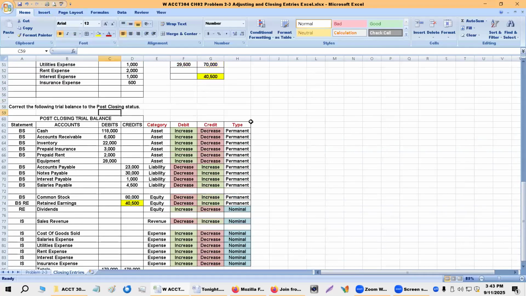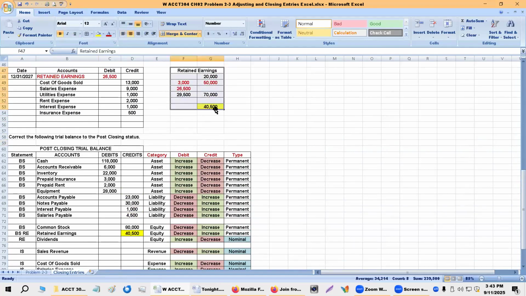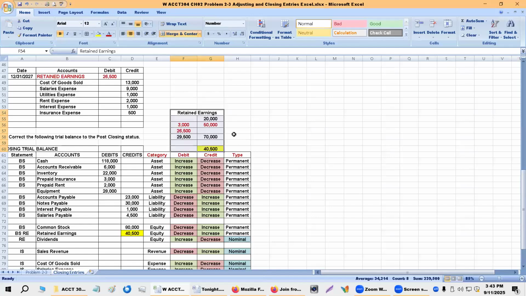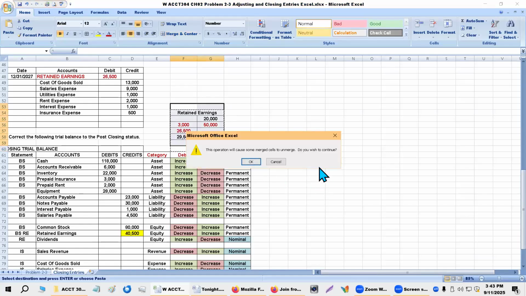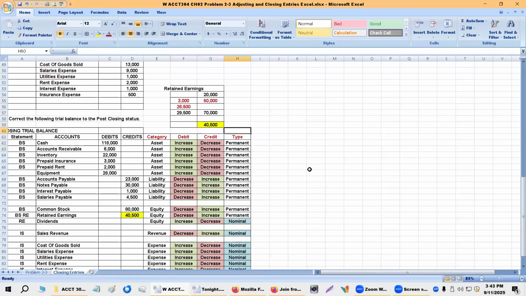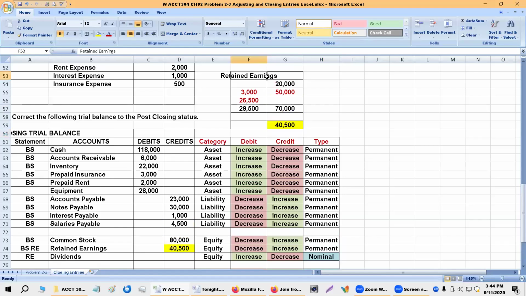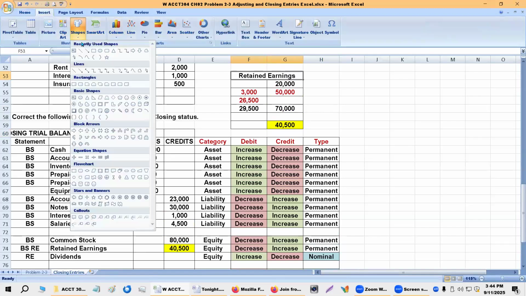No good way to show it. I know. Okay. So this is our ending balance and our retained. Oh, I get what they're saying. All right, so I'm going to insert a.